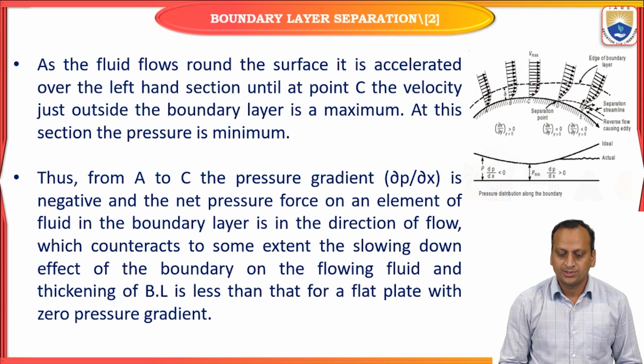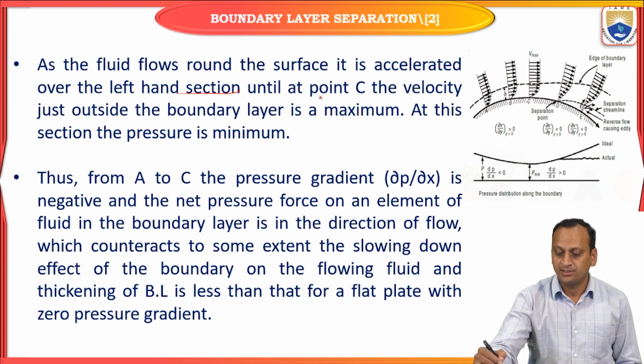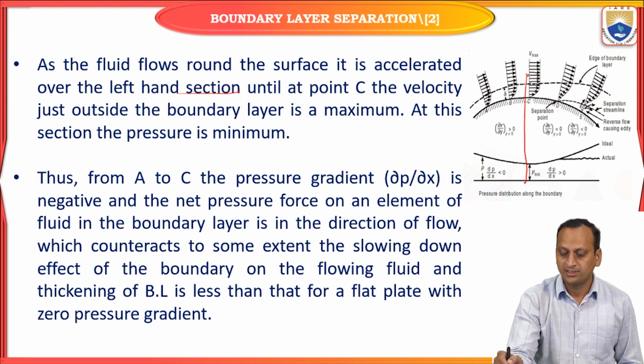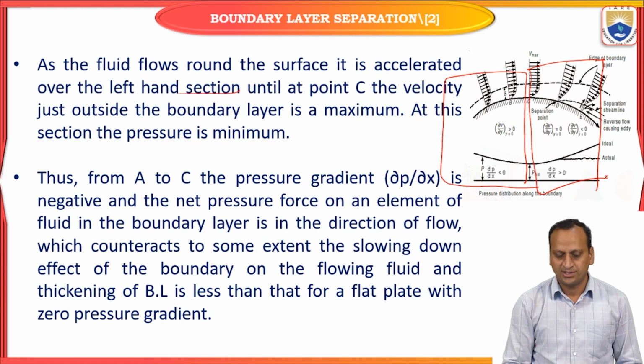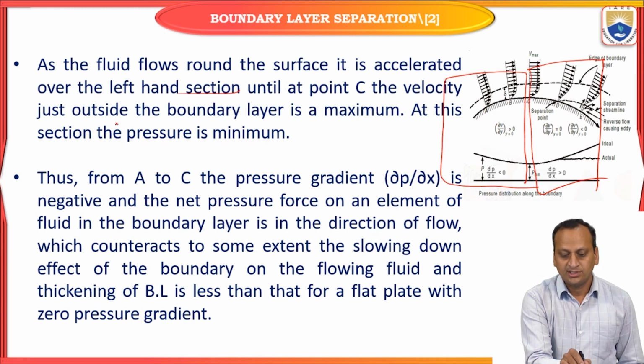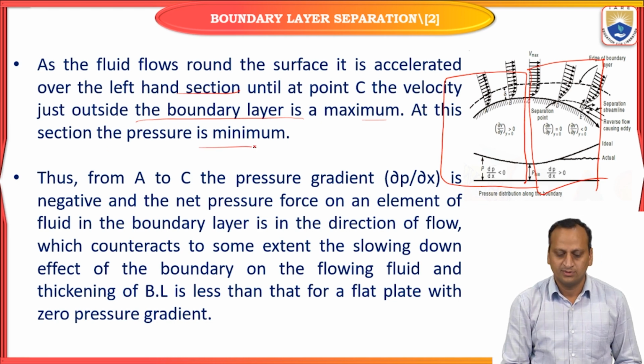As the fluid flows around the surface, it is accelerated over the left hand section until point C. At the same time, behind point C, there will be retardation. The velocity just outside the boundary layer is maximum at this section, and the pressure is minimum.